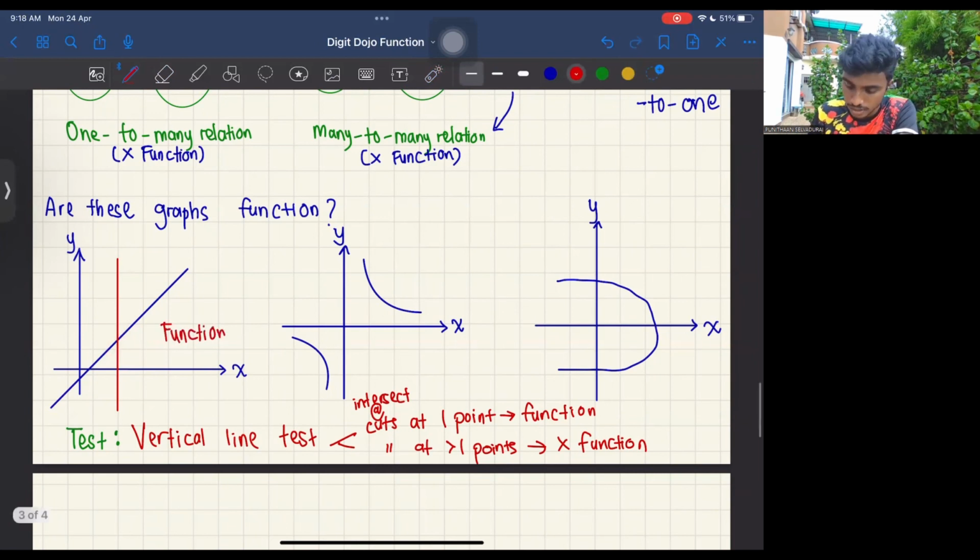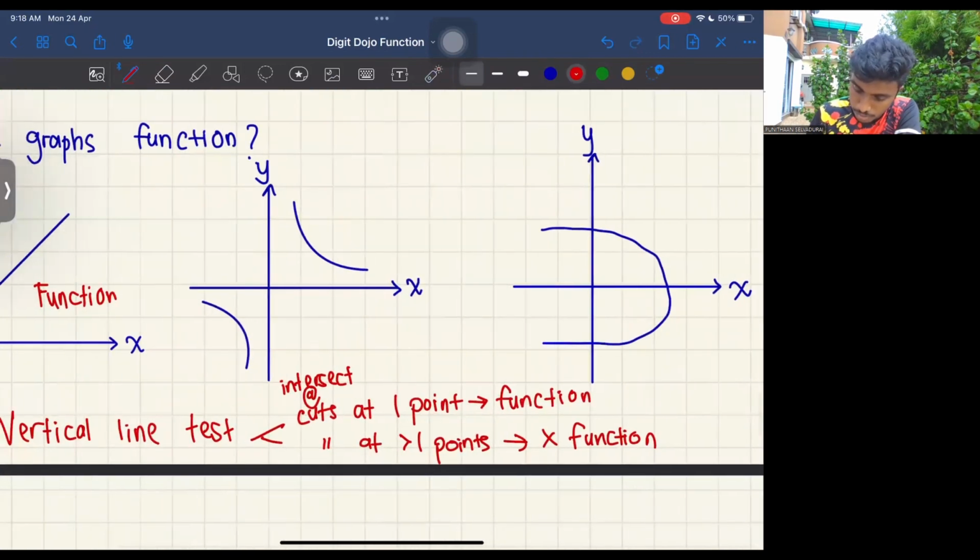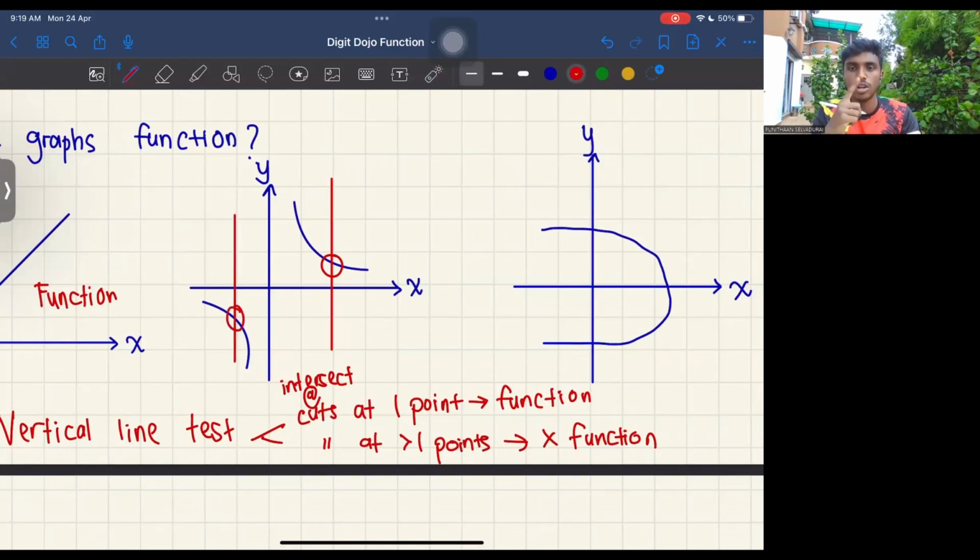Next, the second example. Let's draw a vertical line. I'm drawing here. So the graph is two curves like this. When I draw one vertical line, it's intersecting at only one place. If I draw here, it's also intersecting at only one place.